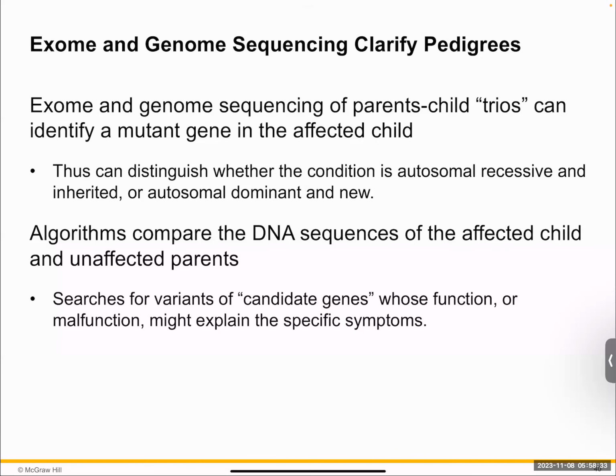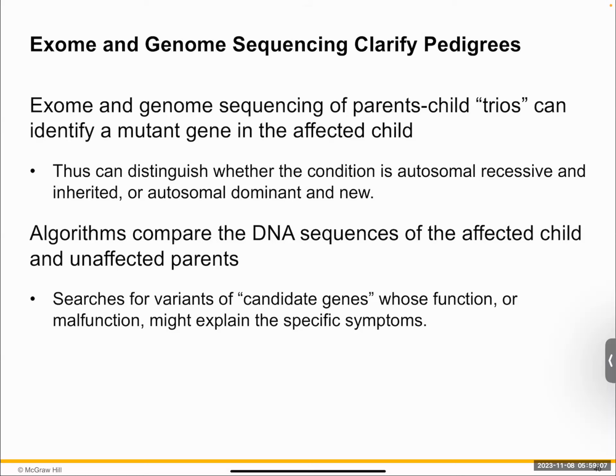What you can do is sequence the exome and the genome and compare the parental genetic information with the child. If you see the pattern in one of the alleles of the parents, that implies that the parents were carriers of the condition, versus if the sequence is only present in the child but not the parents, it implies that it was a de novo, or new, mutation that presented itself in the child.